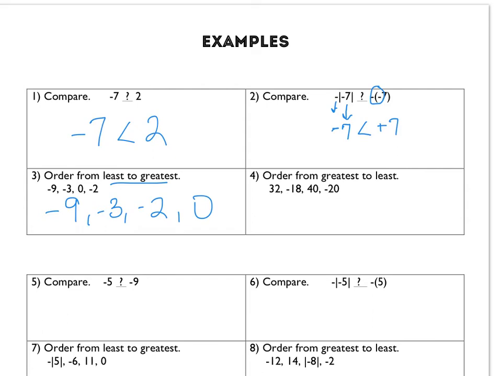Number 4, we're ordering from greatest to least, and it will be really important when you do these problems that you take a look carefully at what it's asking you, because this is the key to how they want it ordered. So from greatest to least, our greatest number is going to be the biggest positive number, and that's going to be 40. So it will go 40, 32, negative 18, and negative 20.